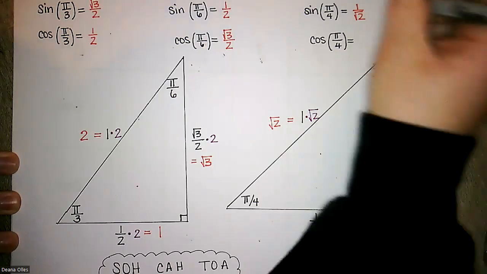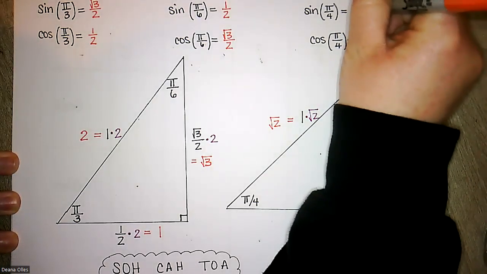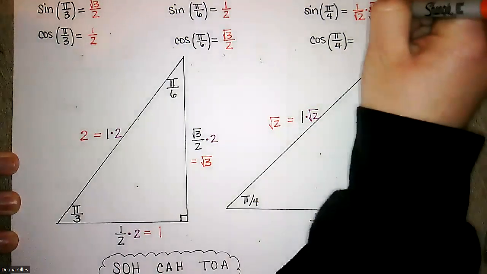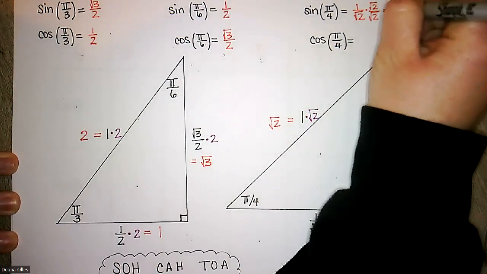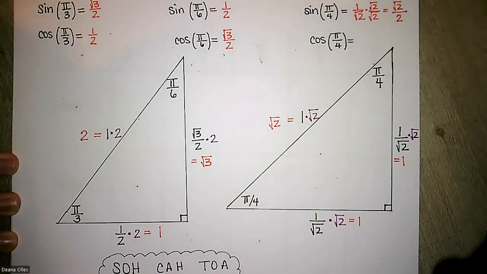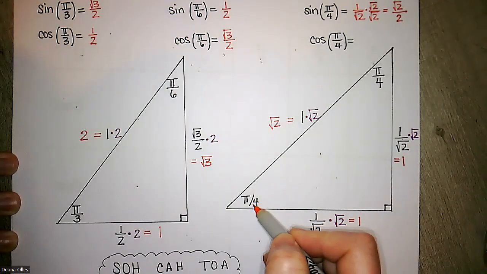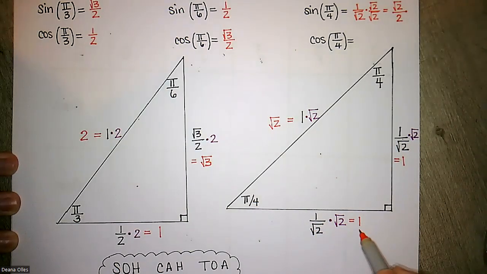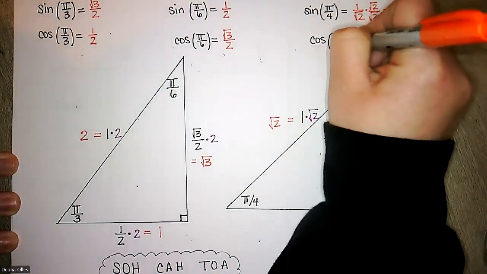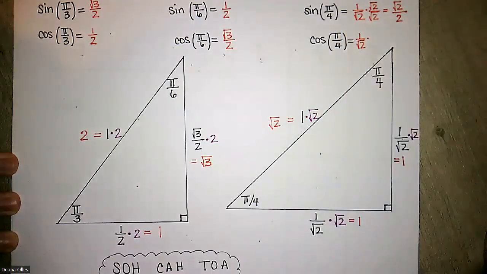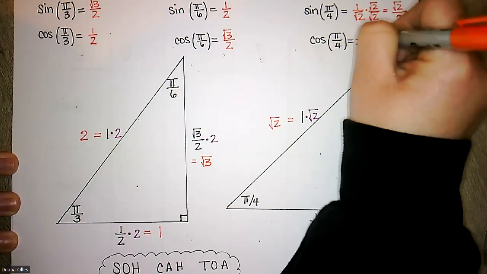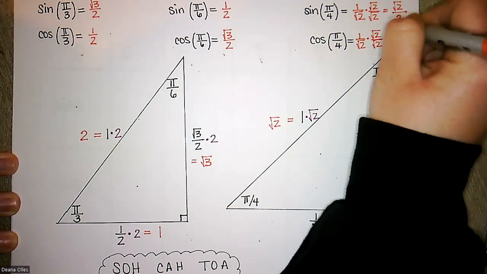Which, if I rationalize that, we'd have to multiply by root 2 over root 2. 1 times root 2 is root 2, and root 2 times root 2 is 2. The cosine of pi over 4 is adjacent 1 over hypotenuse, root 2. So there I'm going to multiply by root 2 over root 2 to rationalize, and I get the same thing.